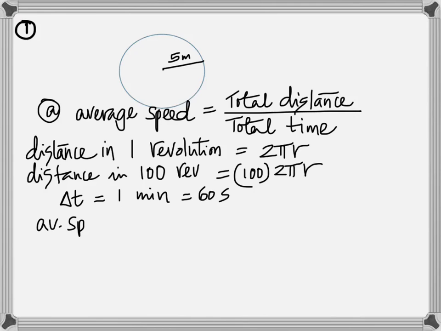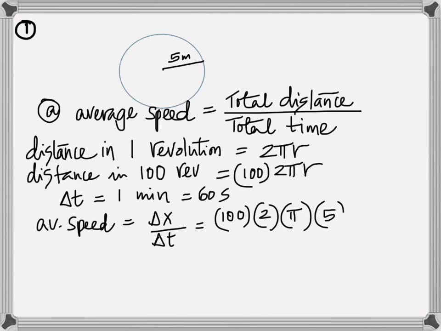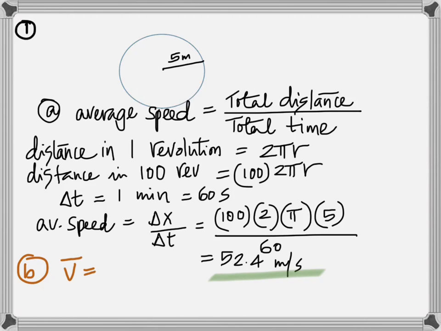The time is in minutes, it's 60 seconds, and therefore the average speed is the total distance, 100 times 2 pi times 5, by 60, 52.4 meters per second.